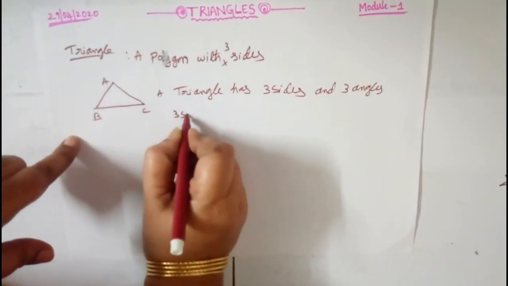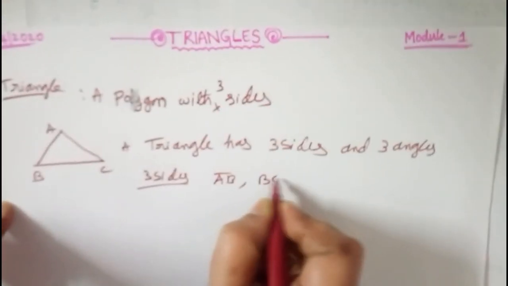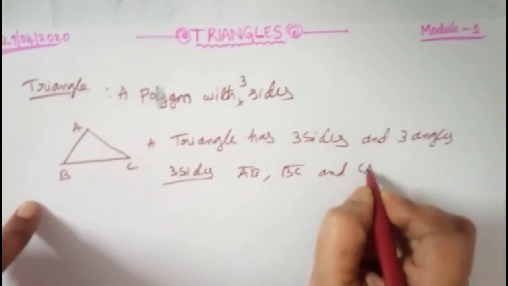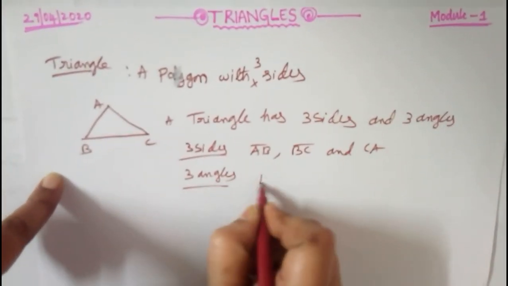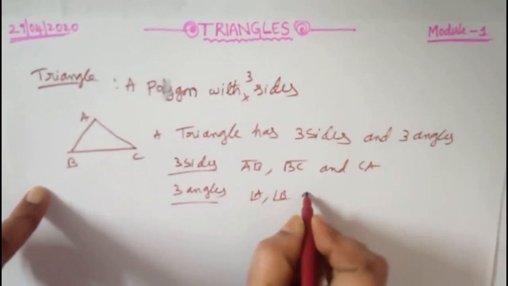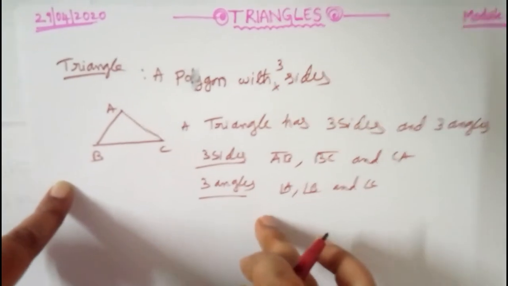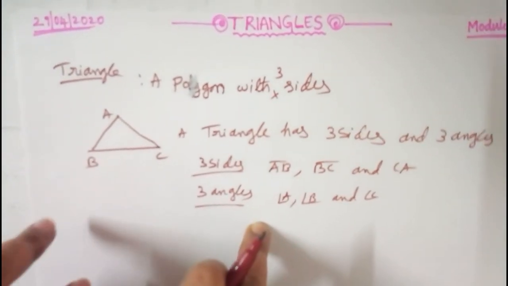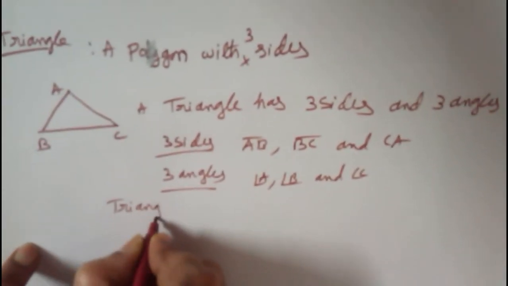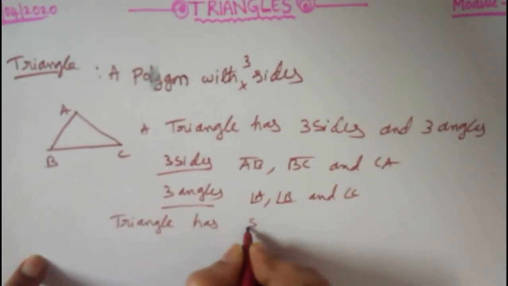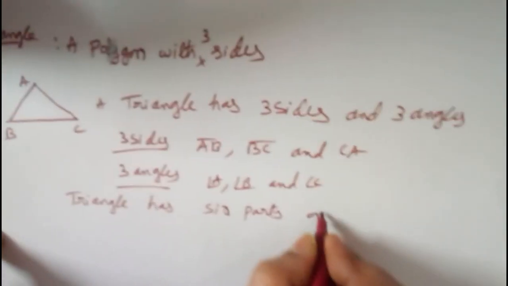AB, BC and CA. What are the three angles? Angle A, angle B and angle C. So a triangle has three sides and three angles. A triangle has six parts or six elements.